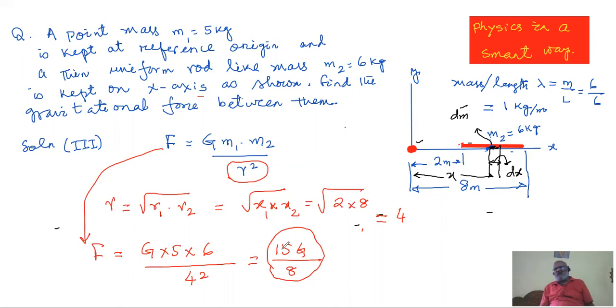Think of the solutions. Try to find where you have gone wrong in solution number 1, and where we got the value of the so-called R, that is root over of R1 and R2. All those things will help you in a very big way if you are hoping to do something in engineering or in physics, in fundamental sciences.